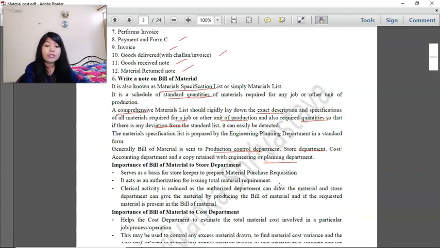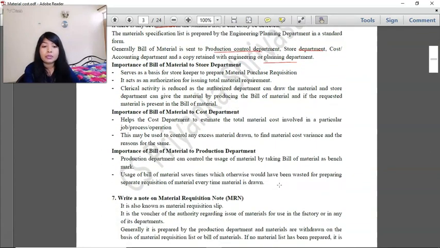What is the importance of this bill of material to the store department? Now it serves as a basis for the storekeeper to prepare the material purchase requisition. So when it is given to the store department, how is he going to use this? He is basically going to prepare a material purchase requisition on the basis of the bill of material.